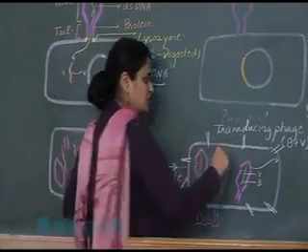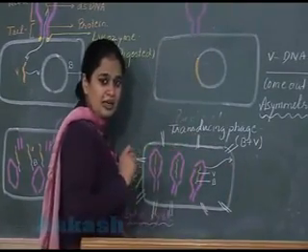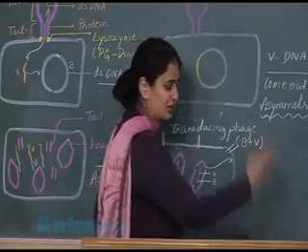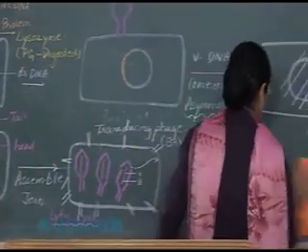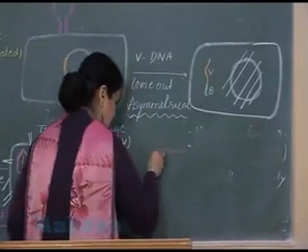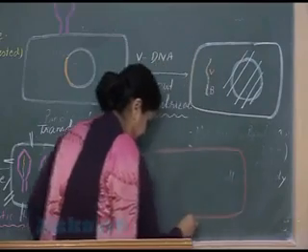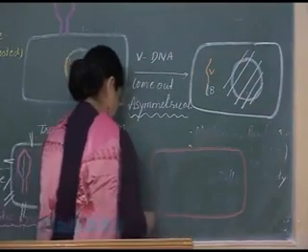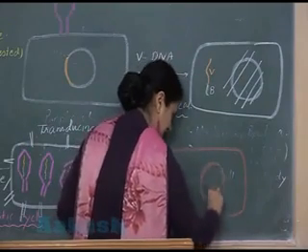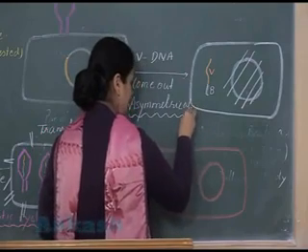Now, this transducing phage is released from the bacteria, and now it will affect another bacteria. Let's say this is a different bacteria. In this bacteria, there is presence of genetic material, main DNA, and transducing phage.